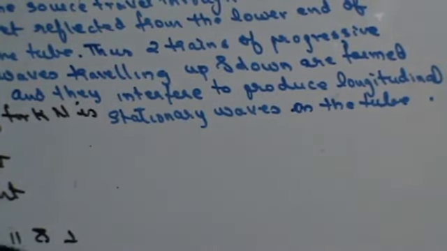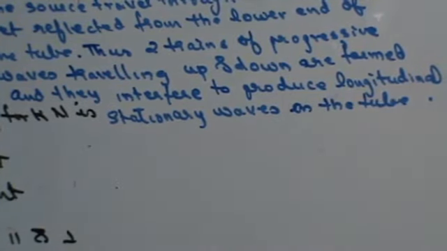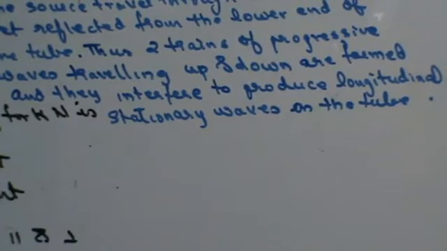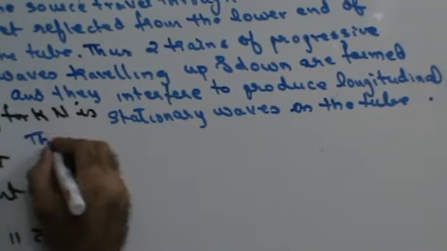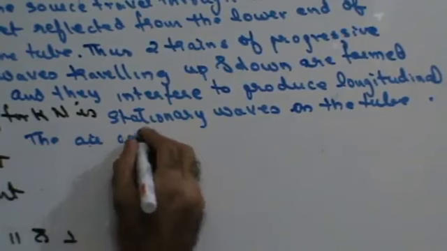Thus an air column is capable of setting up stationary waves. Now the air column possesses some natural frequencies of vibration depending upon its length.